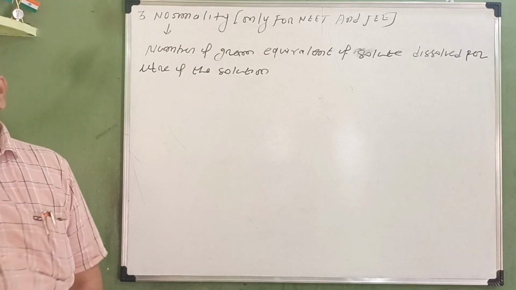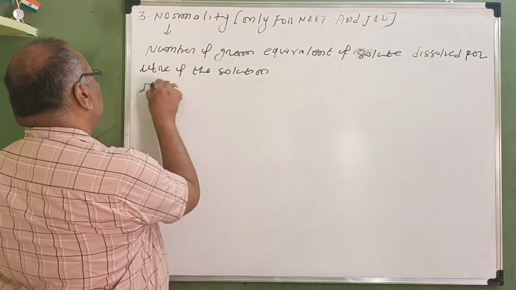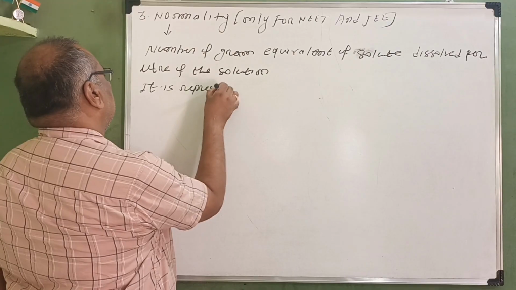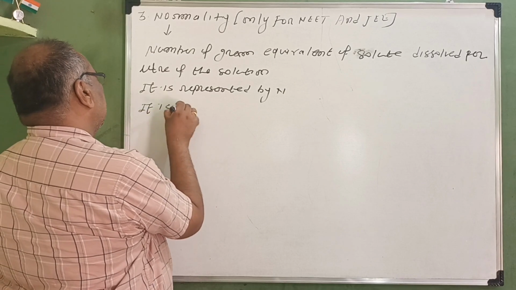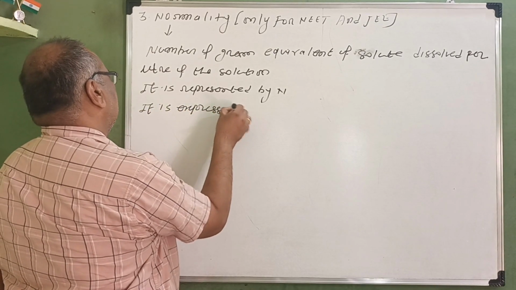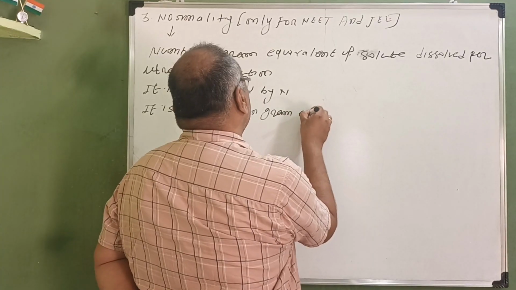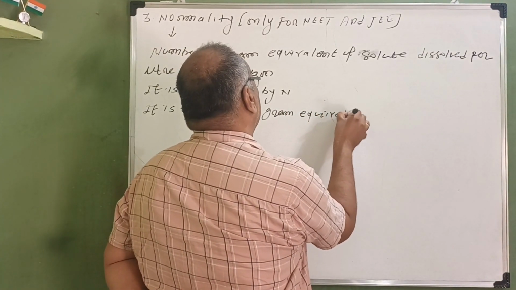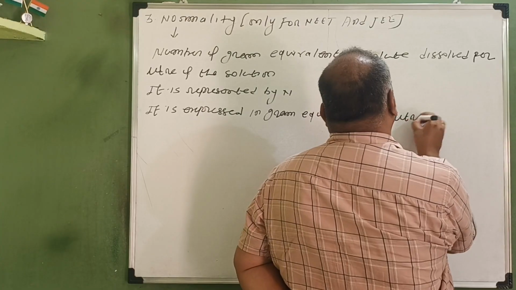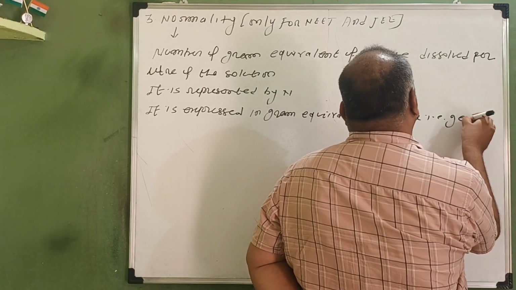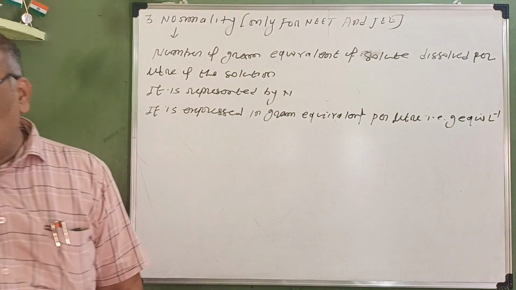Here it is represented by capital N. It is expressed in gram equivalent per liter, that is gram equivalent per liter.